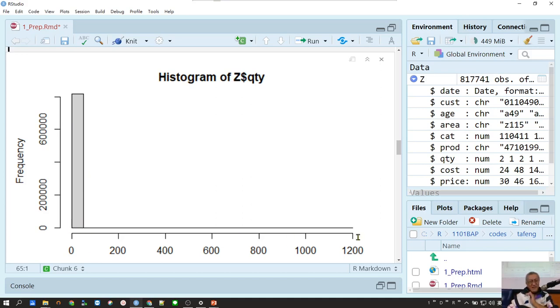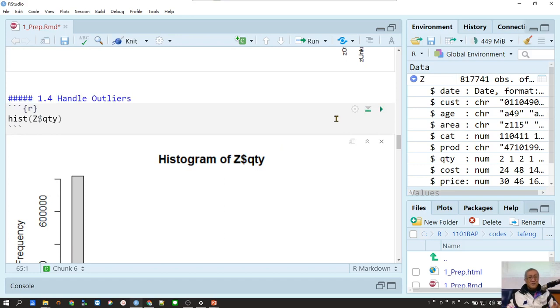But there are some buying something like 100 and 200. These are not the people we want to analyze. If we put them in our data, it would destroy most of our analysis. It makes this chart very ugly, first of all. So that's why we need to deal with these outliers.